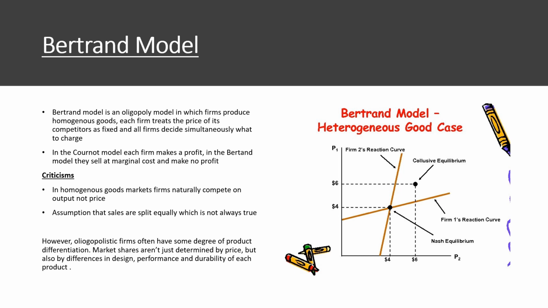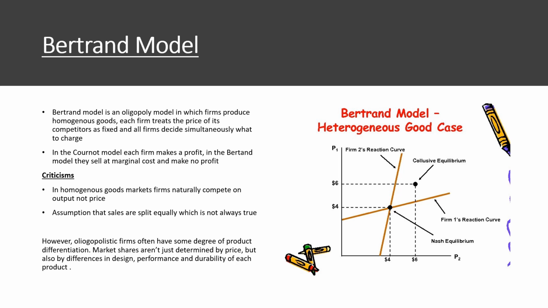So if you remember, in the Cournot model they're homogeneous goods as well, but we were talking about output. We weren't talking about price. Whereas here, we are talking about price, not output. So it's based around price, and they decide simultaneously what to charge.